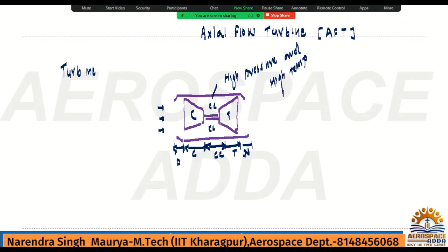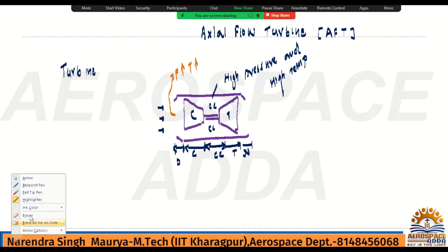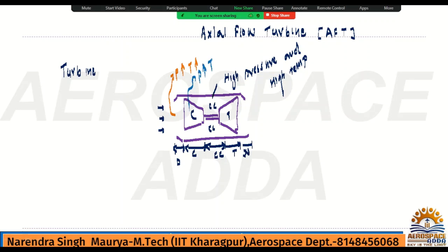In the diffuser you will raise the pressure, and when pressure rises, then obviously temperature will rise. Similarly in the compressor part, here also you will raise the static pressure, then temperature also will rise, okay. In the combustion chamber what you are doing, you are burning fuel, m dot f.